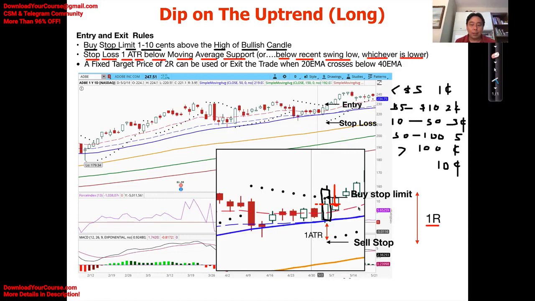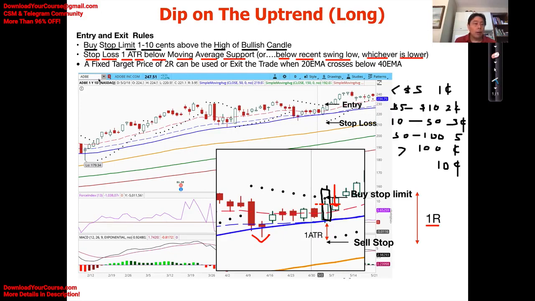Your stop loss has to be 1 ATR below the moving average, or below the recent swing low. This is the recent swing low, the one that bounced off the moving average. So it's going to be 1 ATR below the moving average or below the recent swing low, whichever is lower. In this case, this stop loss is below that, that's fine. So that's our stop loss over there.